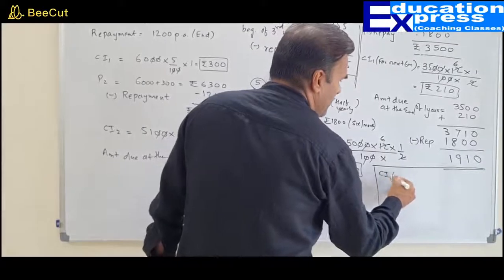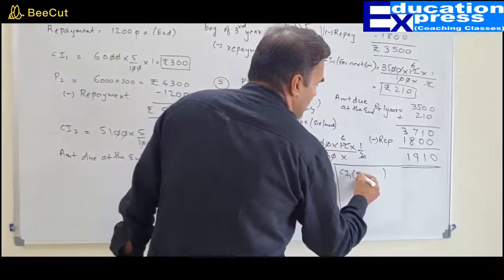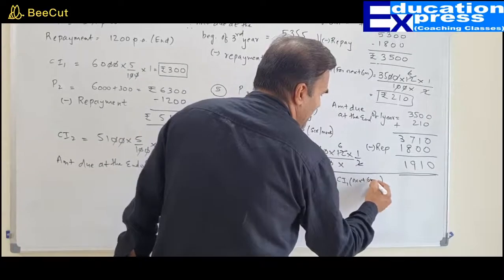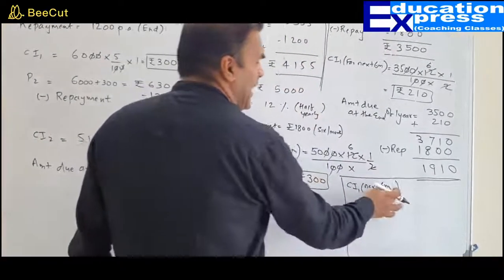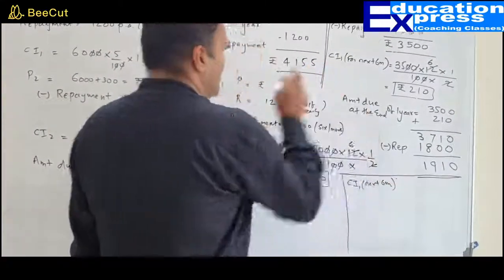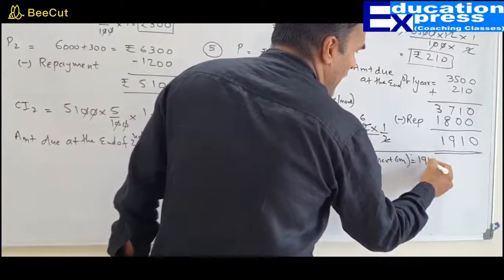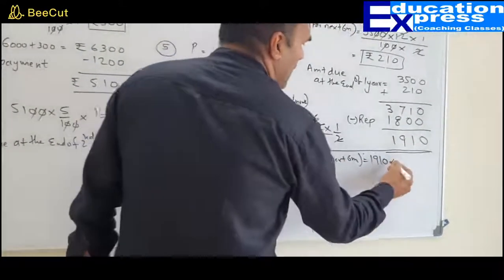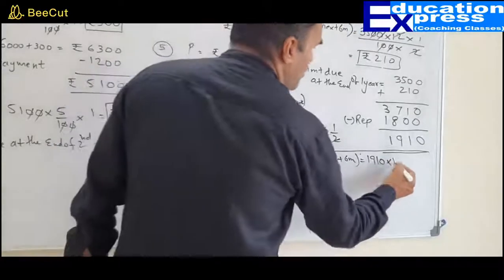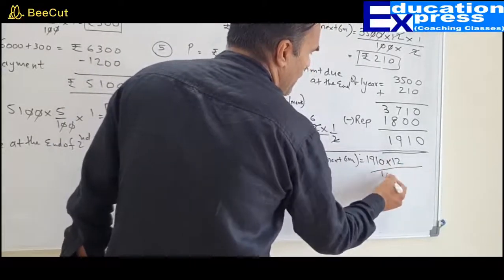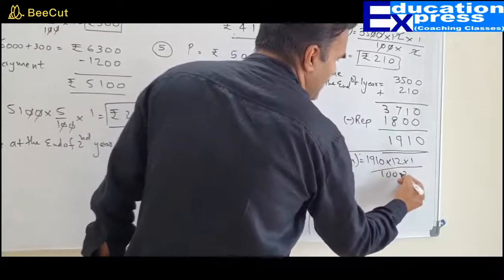Compound interest for the next 6 months. That means it will be at the end of 18 months. 6 months, 6 months and 6 months. How much? 1,910 multiply by, what is the rate, sir? 12%. How much? Half year, sir.